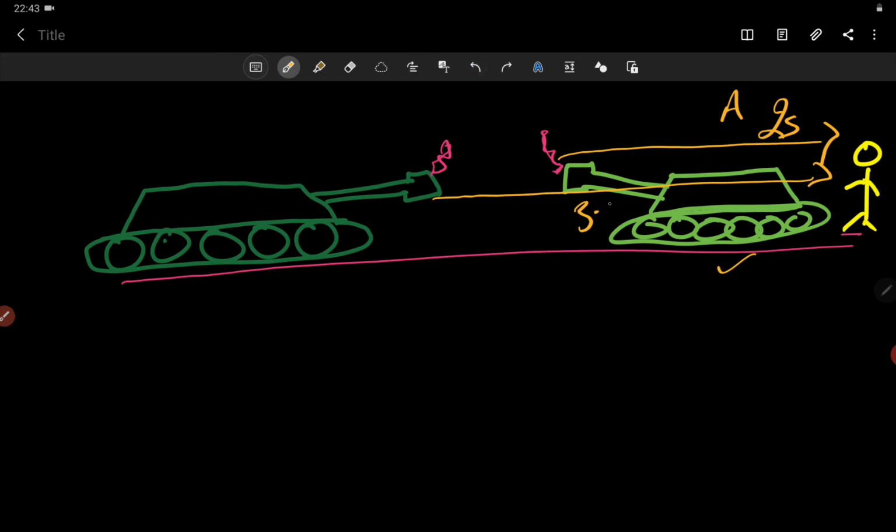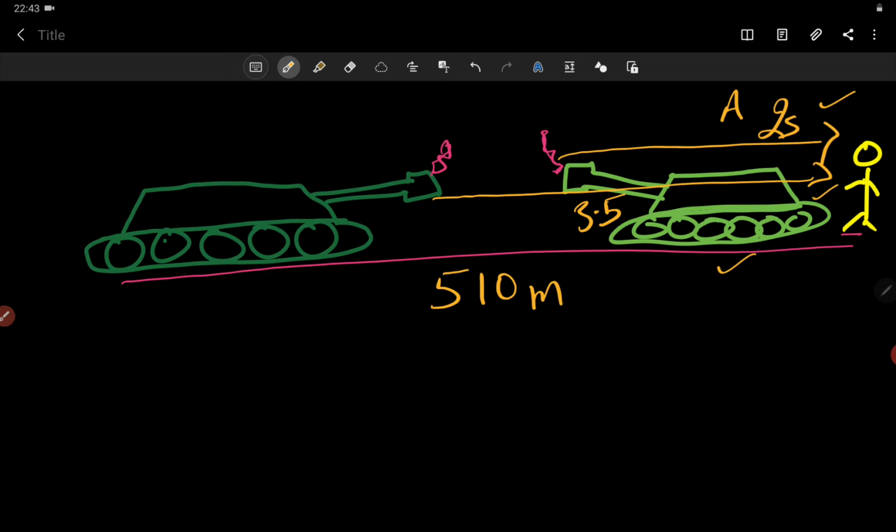So here are the two sounds, sound 1 and sound 2. The other thing given to us is the distance between the tanks, which is 510 meter. So these are the things given to us.